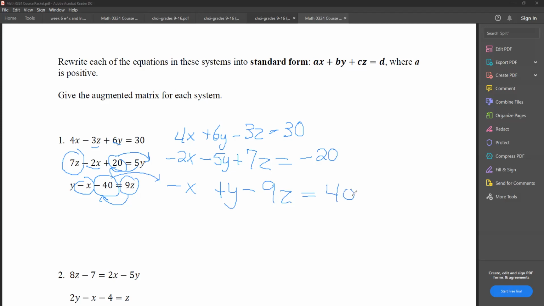Okay, so our augmented matrix, just write it out. 4, 6, negative 3, 30. Negative 2, negative 5, just drop off all the variables. Negative 20. Negative 1, 1, negative 9, 40. Okay, and they put this bar here. It's just there.